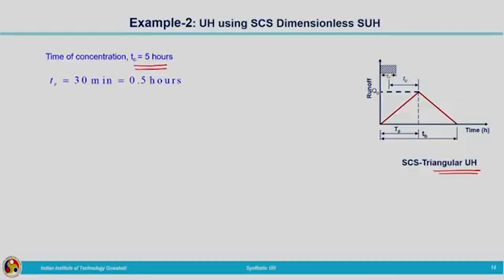So, here we can calculate the time of rise, that is time to peak. How can we calculate? Here we have marked the tp, that is basin lag, TR is the duration of effective rainfall, capital TP is the time to peak or time of rising, that is from the 0th ordinate to the peak discharge where it is happening, that much time is TP.